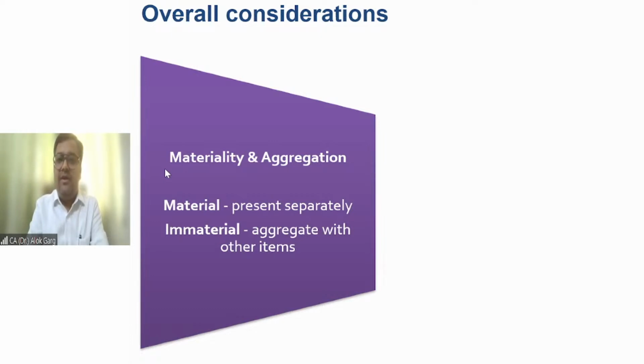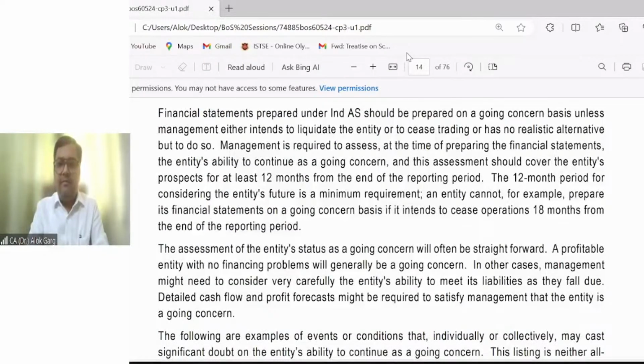Now, Mr. Shankara is saying, sir, in the study material there is a line on going concern, like an example of 18 months. Can you please explain it, sir? So, friends, let me show you the study material that Mr. Shankara is referring to. I hope you can see this study material. It says that the 12-month period for considering the entity's future is a minimum requirement, right?